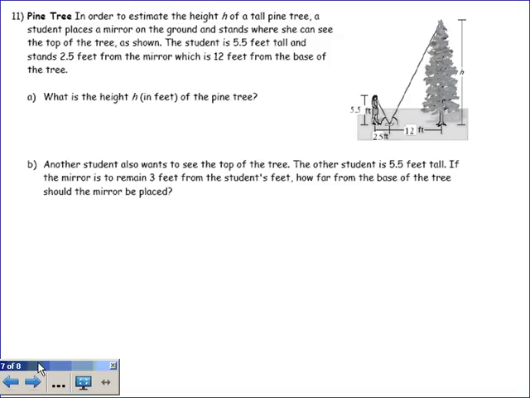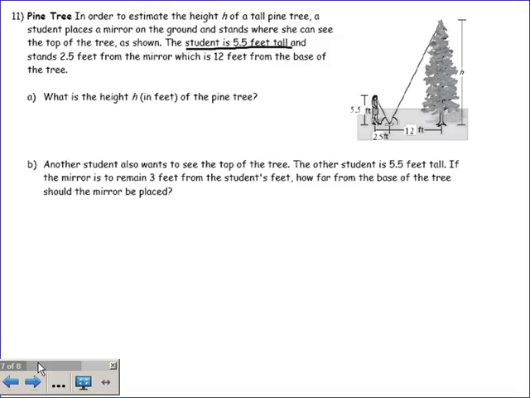It says, a pine tree. In order to estimate the height of a tall pine tree, a student places a mirror on the ground and stands where she can see the top of the tree, okay, as shown. The student is 5'5" tall. Really what this should say is that her eye level is 5.5 feet.